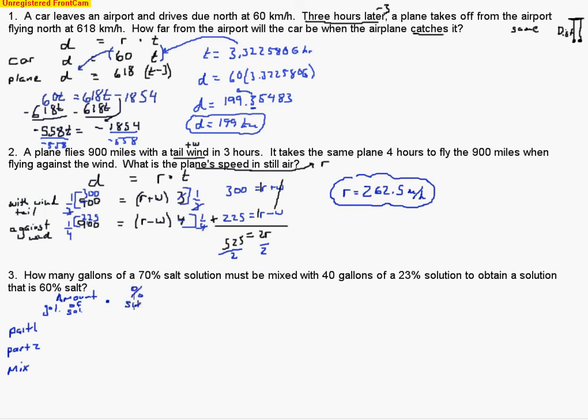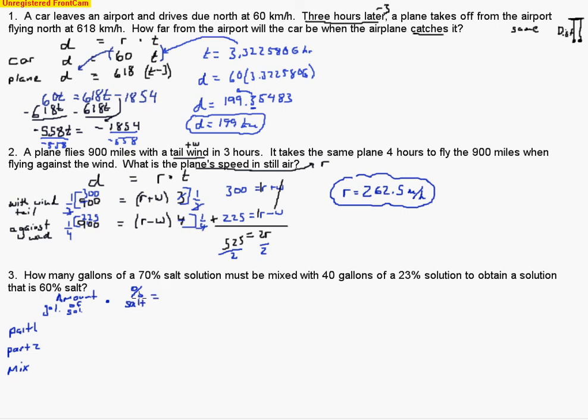Now, what I like to do is I like to leave it without the decimals. When I multiply my percent by the amount, typically we're going to end up changing those percents to decimals, but I like to leave them in the percent form so I don't have to deal with the decimal.